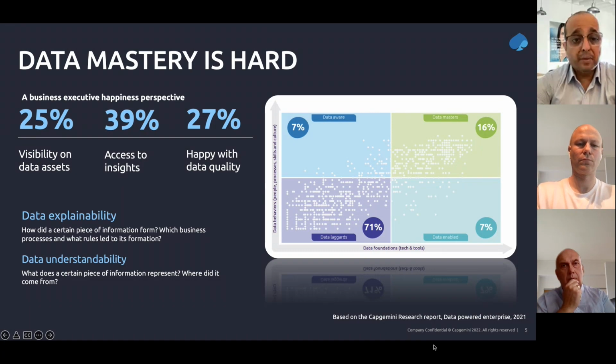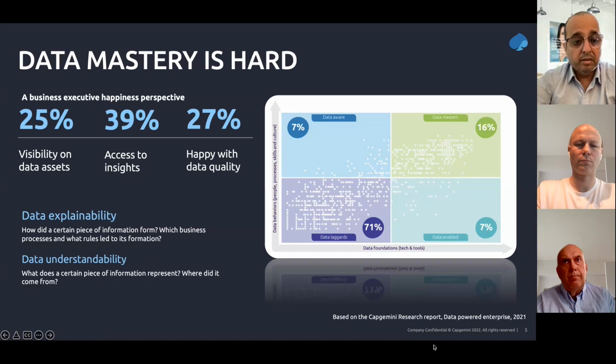A bit more were happy with access to insights, but a lot were quite unhappy with the data quality. And the main reason we see why this happens is because it's difficult to understand the data itself. There are two key elements we see that hinder the trust in data, and that's explainability and understandability.